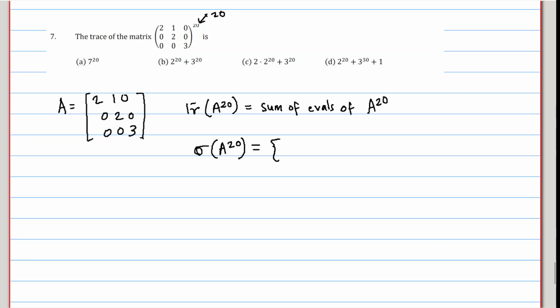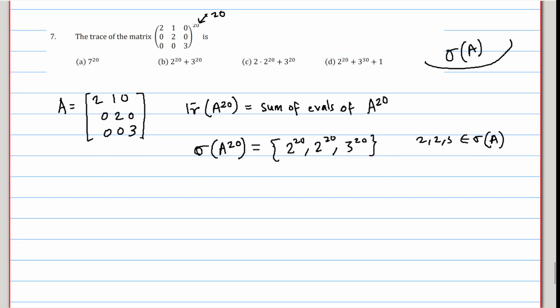That is nothing but lambda 1 power 20, lambda 2 power 20, and so on. Since we all know the results, it is nothing but 2 power 20, 2 power 20 and 3 power 20, because 2, 2, 3 are the eigenvalues of A. By this I mean the set of eigenvalues.